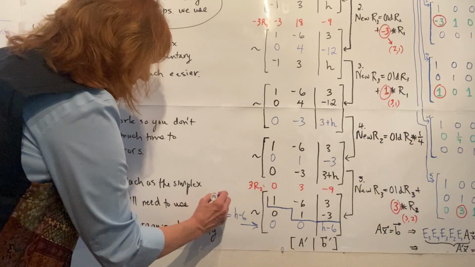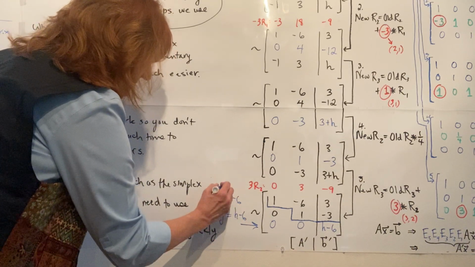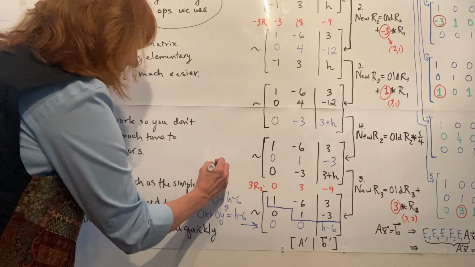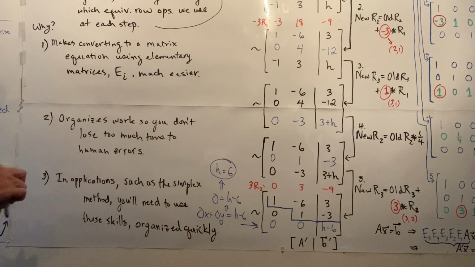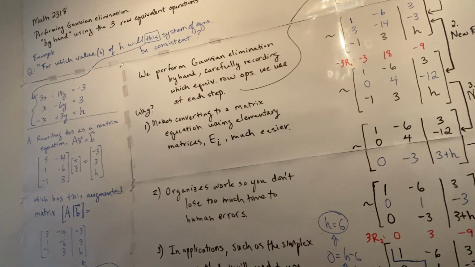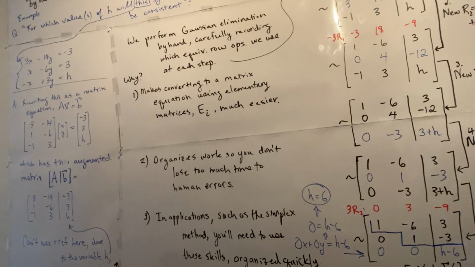Well, that means 0 is equal to h minus 6, right? And that implies, lo and behold, h is equal to 6. So now you can go back and answer that question. Original question, for which values of h will the system be consistent? When h is equal to 6.